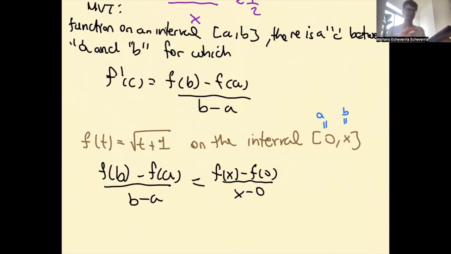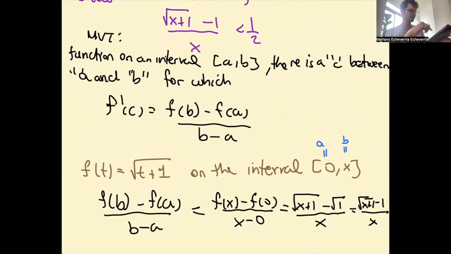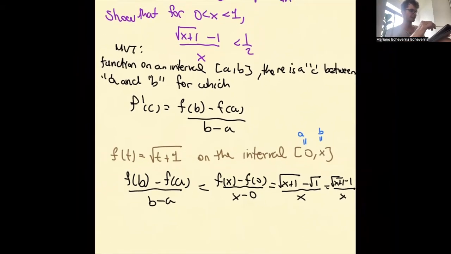But what is f of x? f of x is root of x plus 1. What is f of 0? f of 0 is root of 1. And x minus 0 becomes just x. So you get root of x plus 1 minus 1 over x, which matches what you see in this ratio. Is that making sense so far?